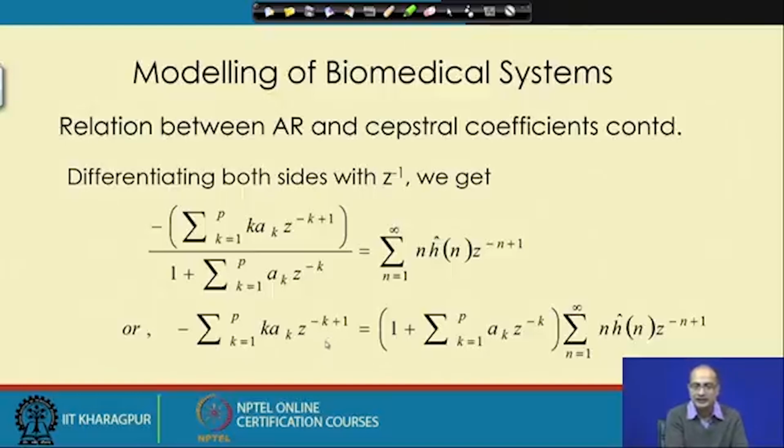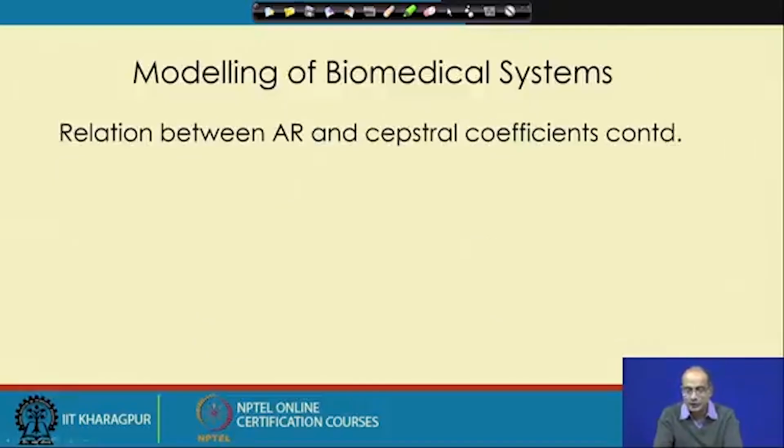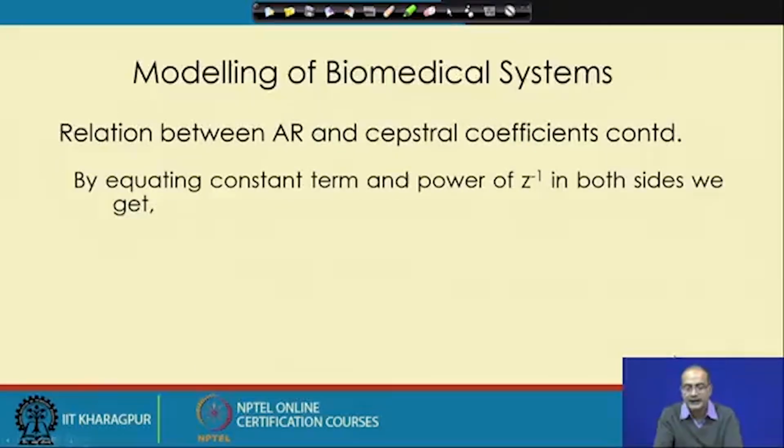On the right-hand side, however, it could be infinite, but because both sides need to match with each other, the coefficients of z to the power minus 1 and so on need to match on both sides.